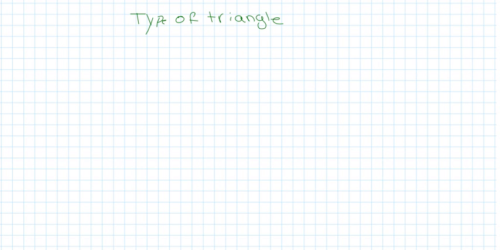And this is where you have the two different separate formulas, right? Where you have right triangle and where you have oblique triangle.